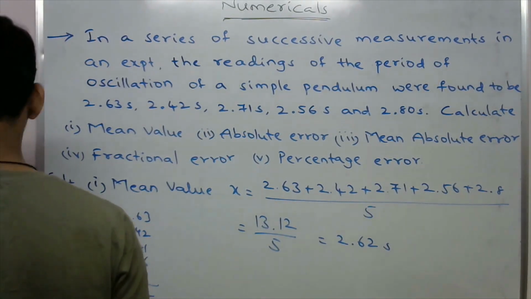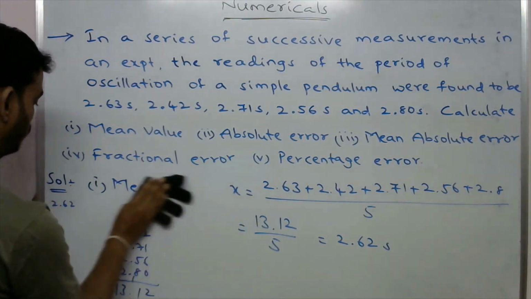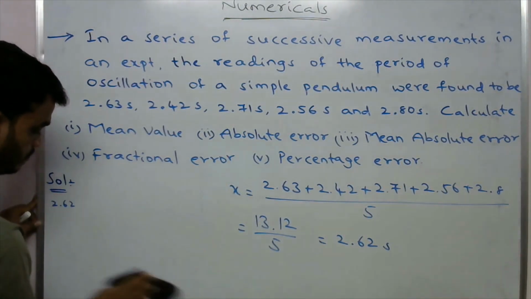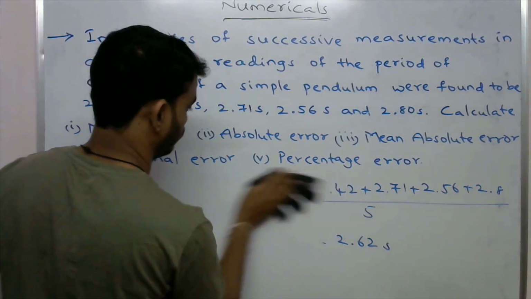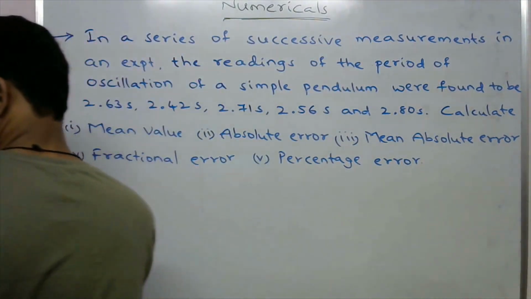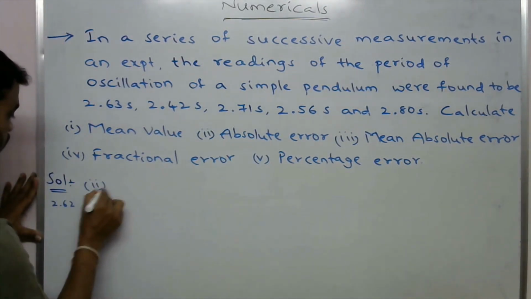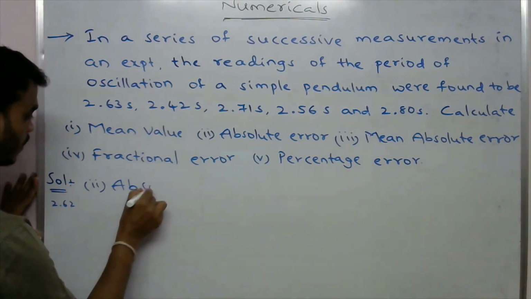And the next one is absolute error. So the second one is absolute errors.